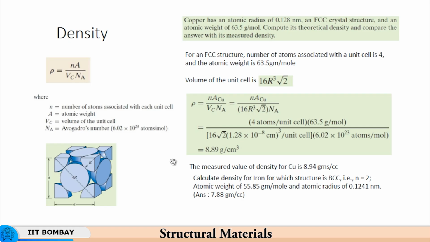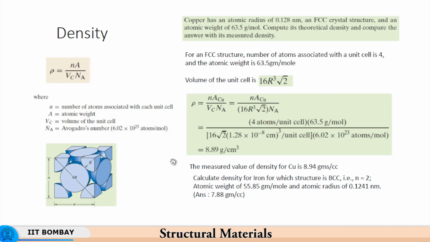So basically you are getting the mass of the cell divided by the volume of the cell as the density of the material, because now these cells are going to be replicated uniformly in all 3 directions. So there is no reason why there should be any change in density. So the density computed based on one cell applies to a macroscopic chunk of material as well. So you get 8.89 gram per cc after substituting these values.